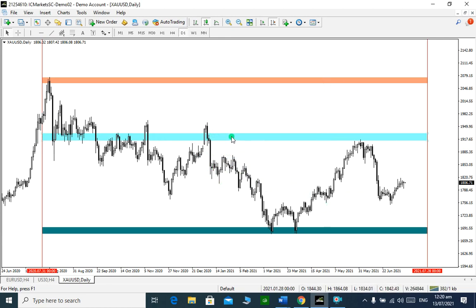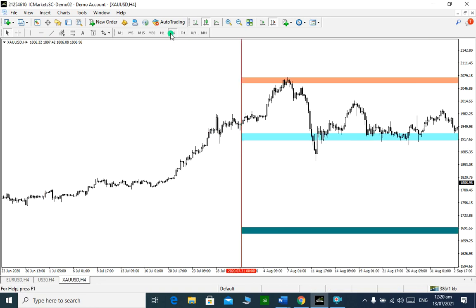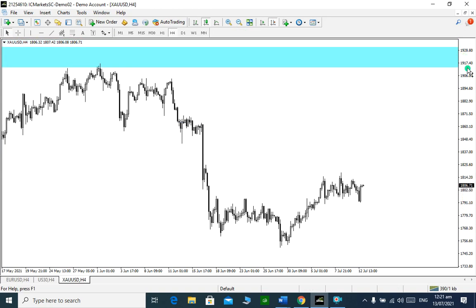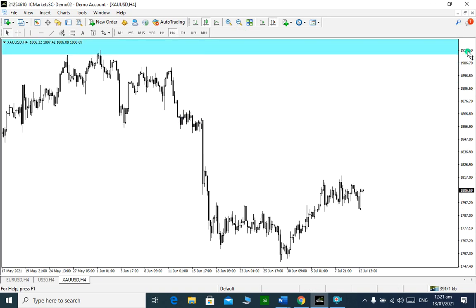Now, having done this, let's drop down to the lower time frame, our 4-hour time frame, and see what this market is doing. So the market is respecting structure here.